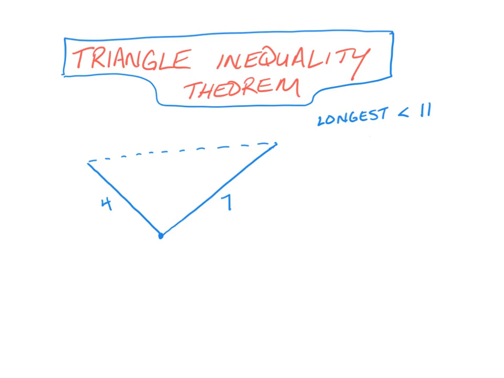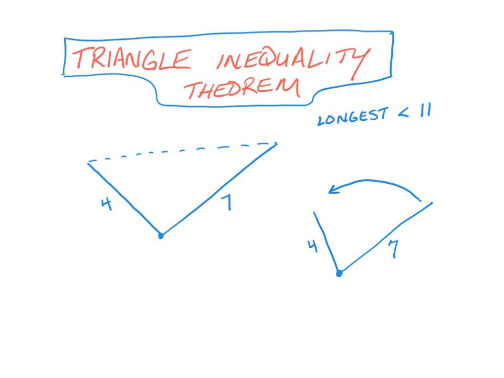Okay, so now let's think about what happens if you took this 4 and the 7, again putting a hinge right here on that angle. And this time we close this angle all the way.